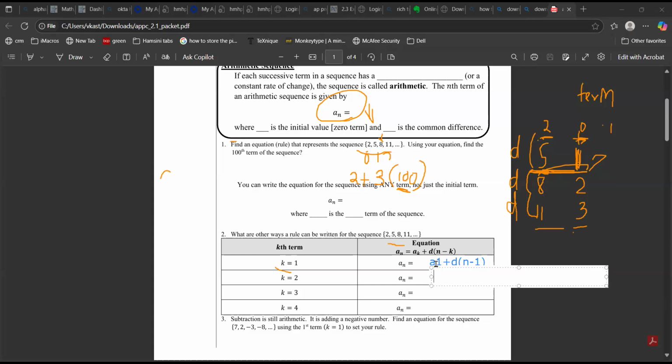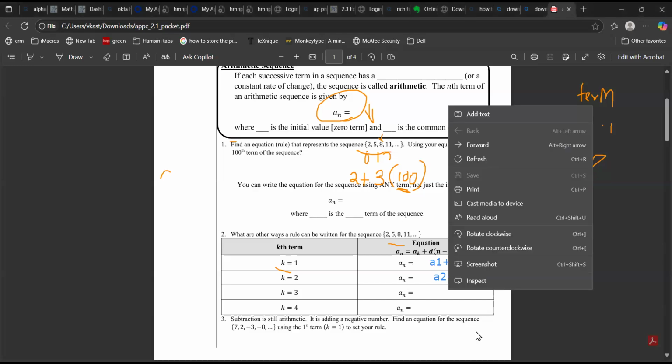Suppose for the next one, I'm given the second term of the sequence, meaning they give me that the second term of my sequence is 8. But I want to find out the 100th term. How will I do it? I will start with a2, which is my kth term, plus n minus 2 common differences I'm going to add. Am I making sense, guys? Manav, am I making sense? Miss Priya? Yeah, it makes sense.